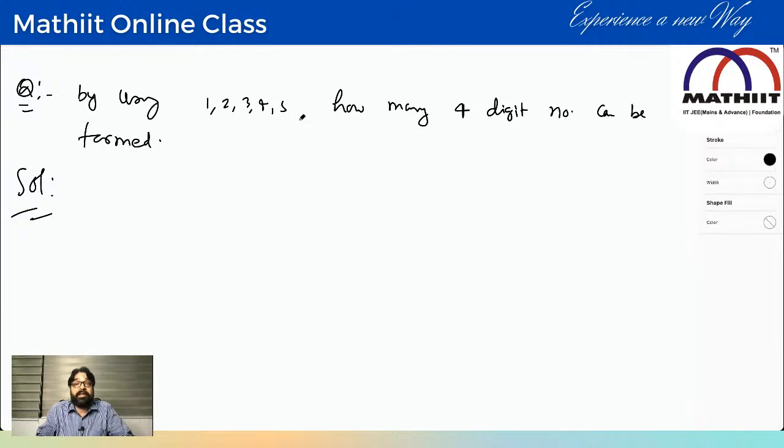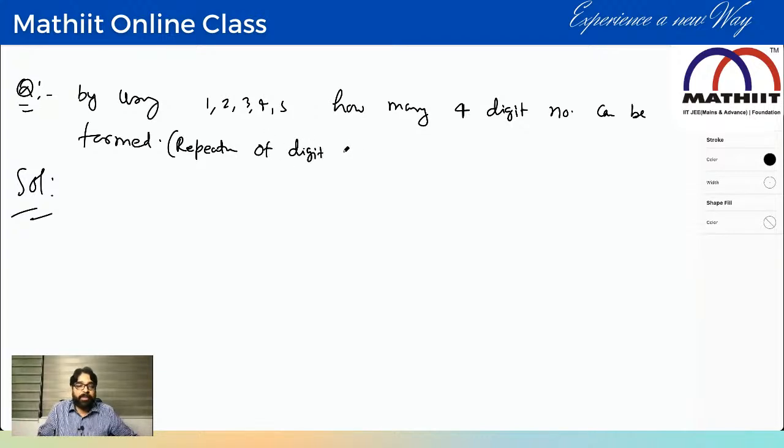It means there is the role of the object. How many objects am I having? 5 objects: 1, 2, 3, 4, 5. Repetition of digits is not allowed.